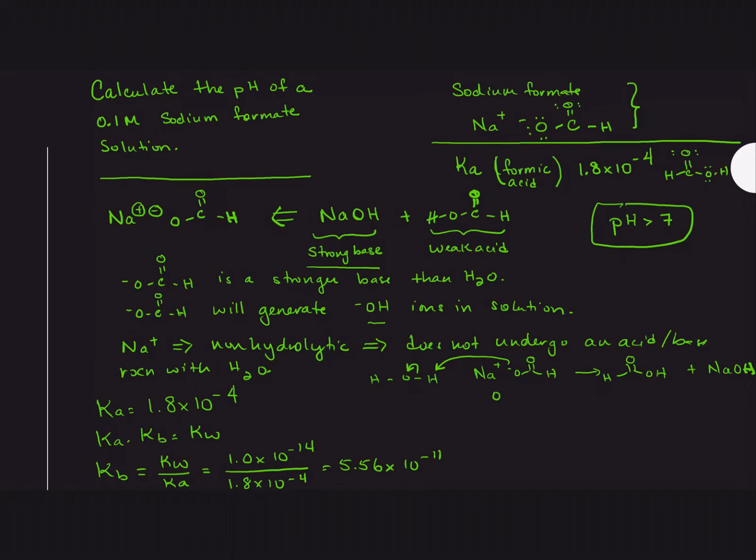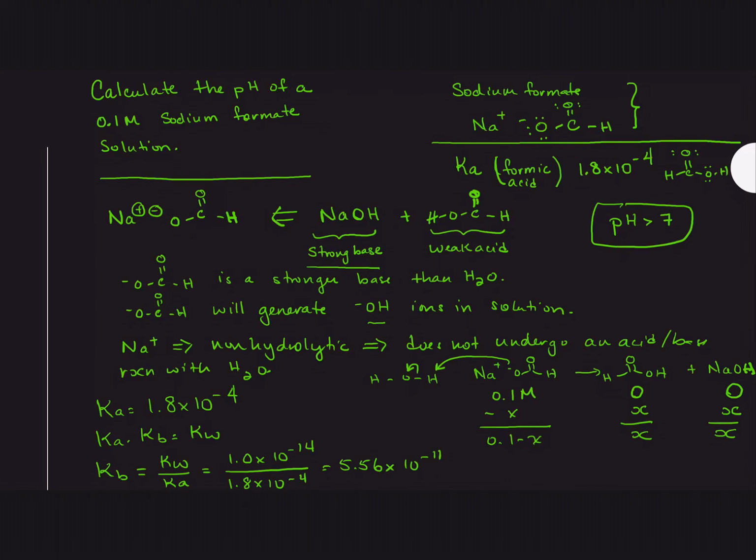Initially, we have a 0.1 molar solution of sodium formate, and I'll say 0 and 0 for formic acid and sodium hydroxide respectively, the conjugate acid and the conjugate base, the products. Therefore, the reactant will decrease. Equilibrium will proceed from left to right to generate product. And we get this expression.